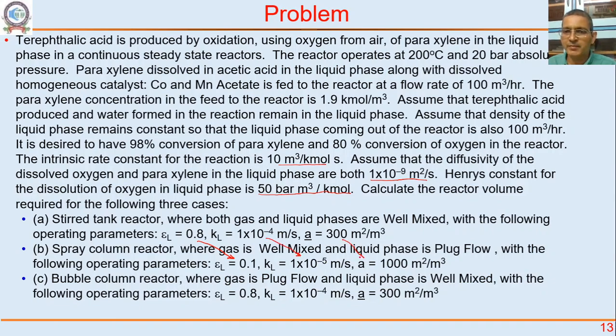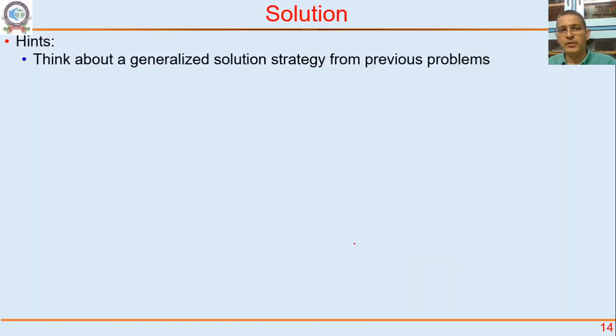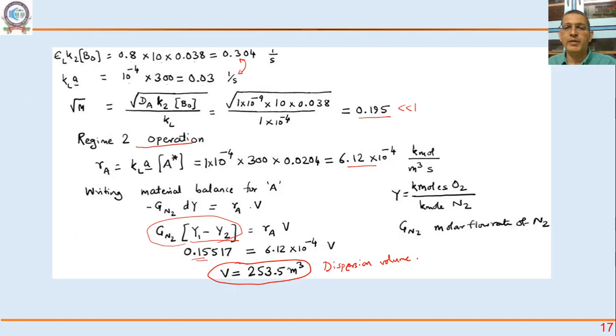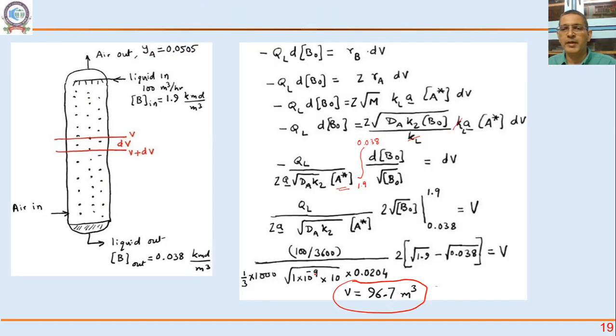Interfacial area is higher. But liquid phase is plug flow as compared to well mixed. This is the change. You see how things are different. That made that spray column volume reduce from 253 to 96.